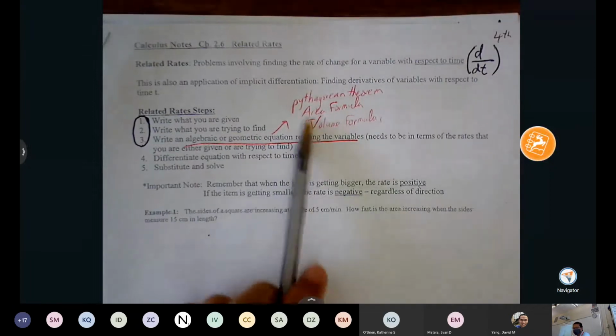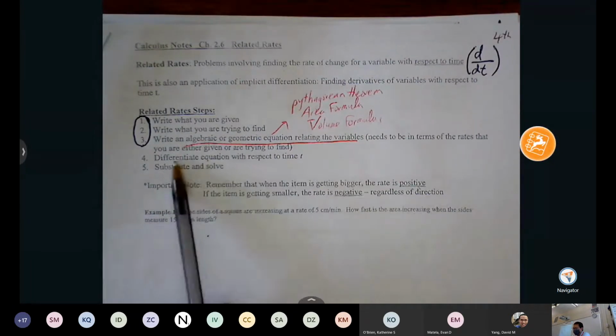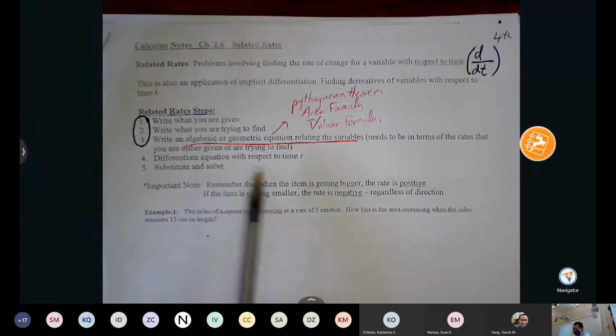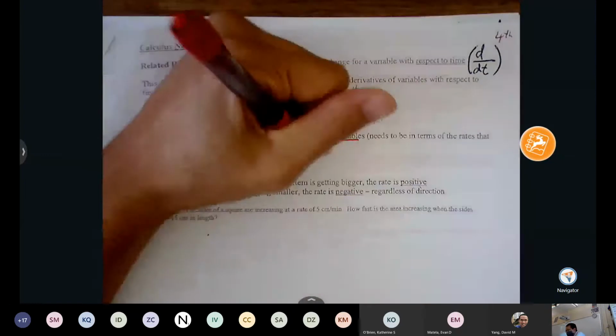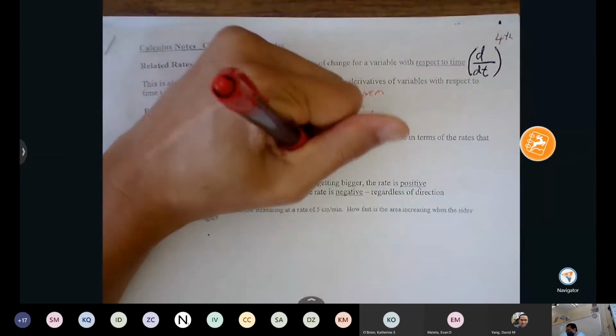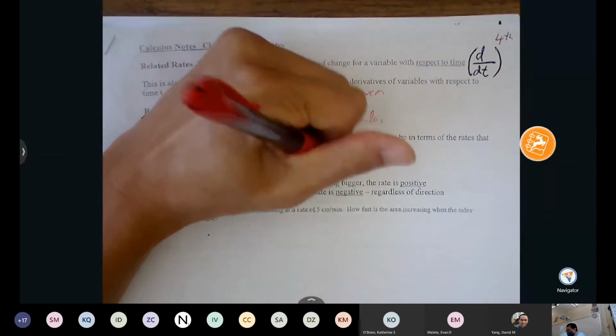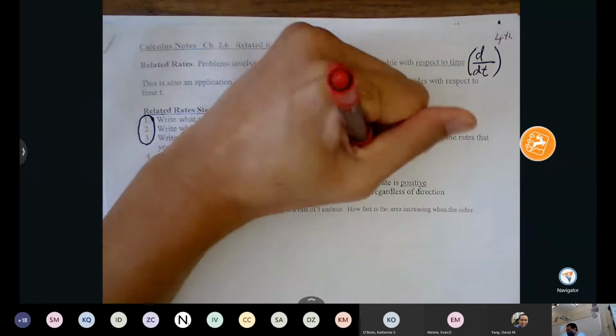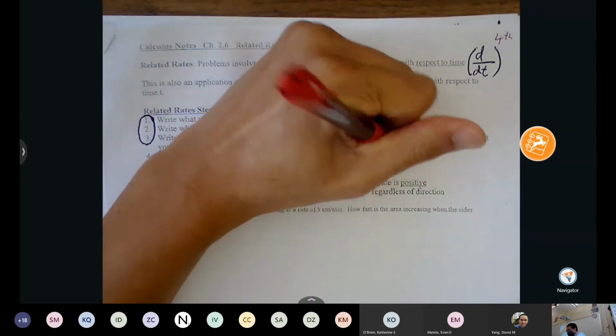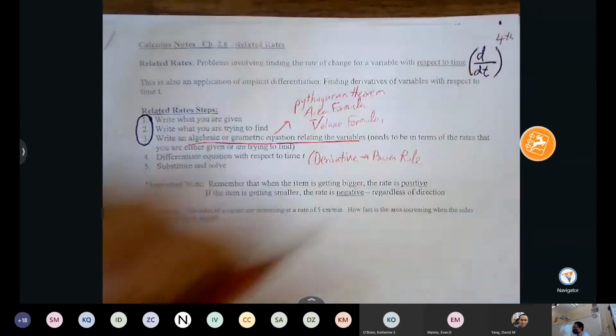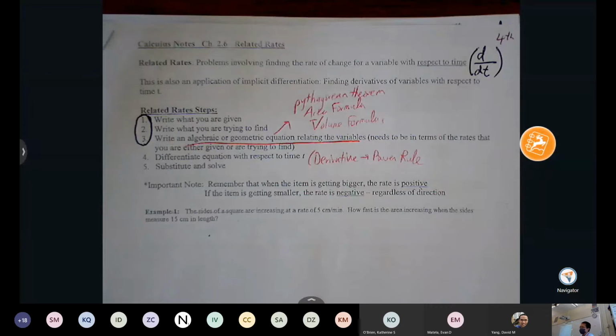Now, once we find our starting equation, then we differentiate. Differentiate just means find the derivative with respect to time. A lot of times your derivative is going to be using power rule. So you're going to see with related rates, the calculus is not going to be the challenging part.